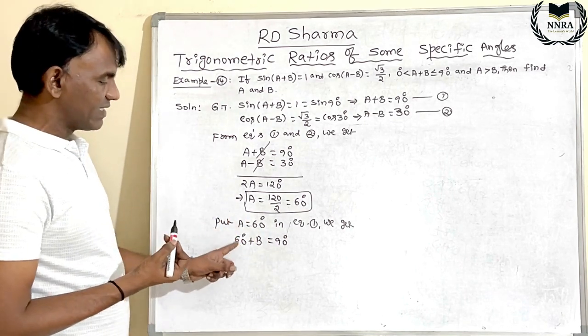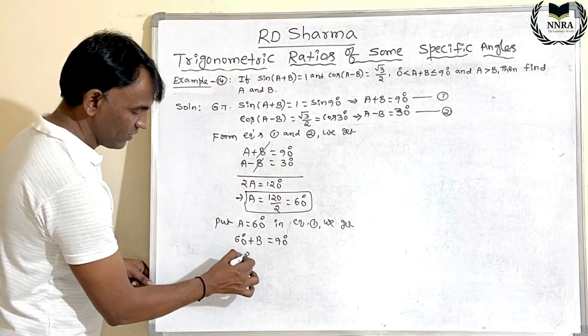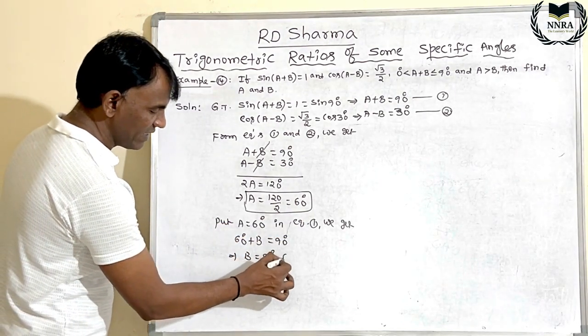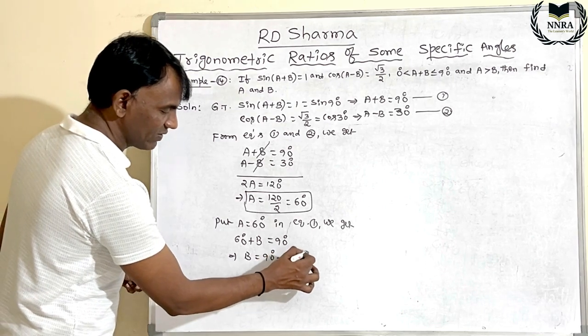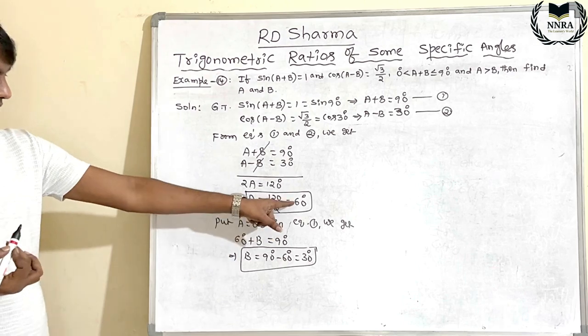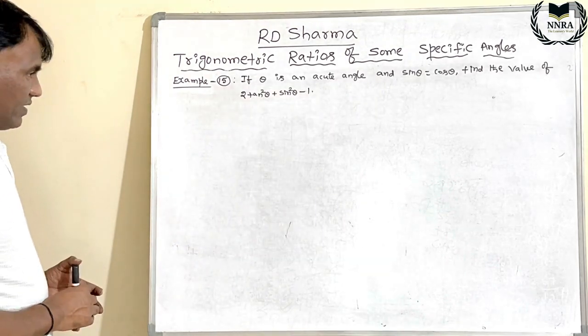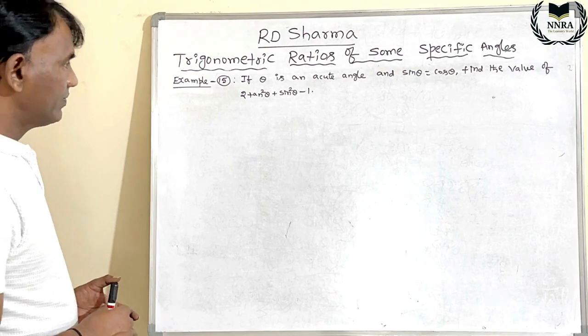If we move plus 60 to that side, we get minus 60, right? Then here we get only b, that is 90 minus 60 equals 30 degrees. This is the value of b. So a equals 60, b equals 30. That is the answer.